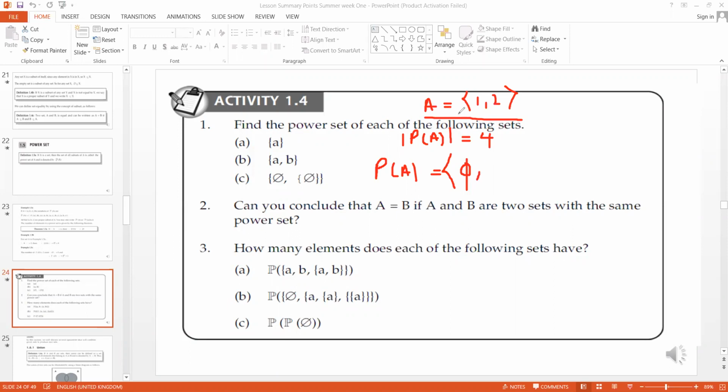Another subset of A will be a set containing just one of the elements, so that will be the set {1}. Then the next set will be the set containing just the element 2, the set {2}. The final subset will be the set containing 1 and 2.